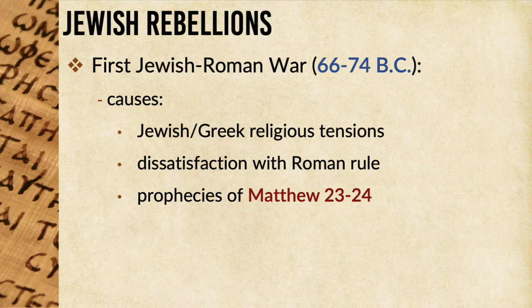And if you read those passages, you'll find that Jesus makes that prophecy because the Jewish nation had rejected him and had rejected his apostles, or they were going to reject his apostles. And so Jesus says, because that's happened, your house is going to be left to you desolate.